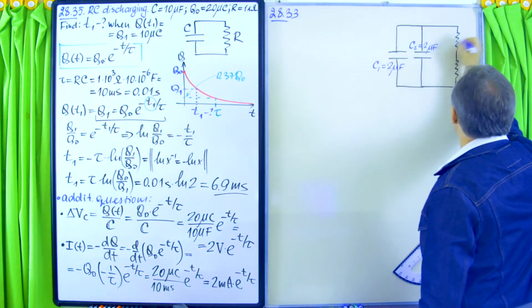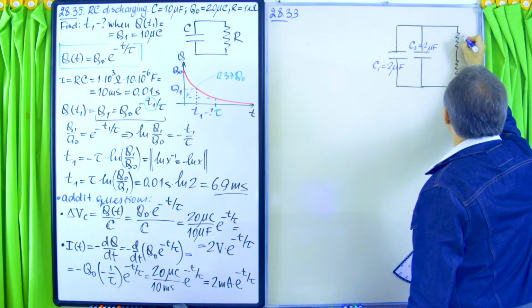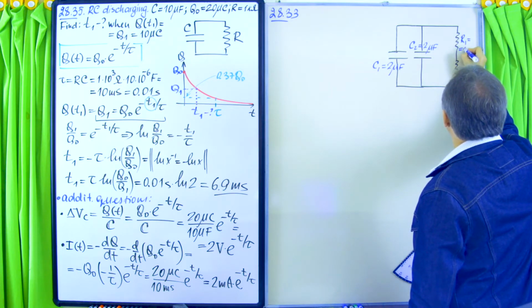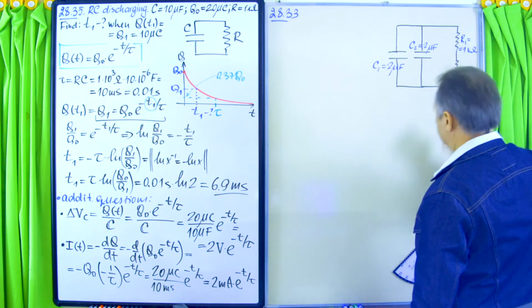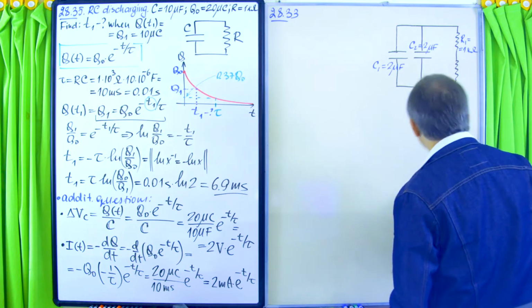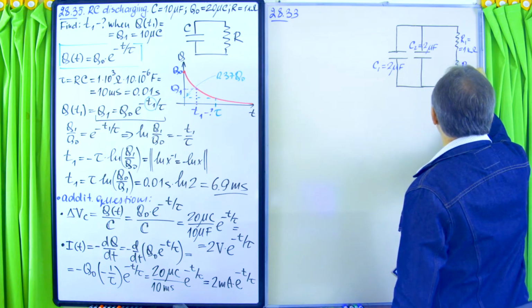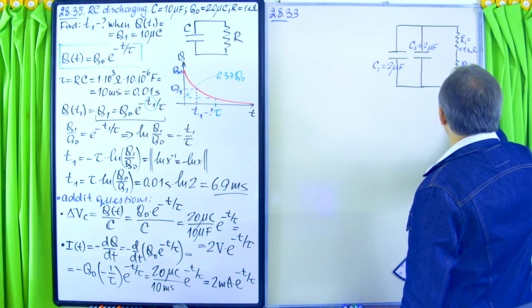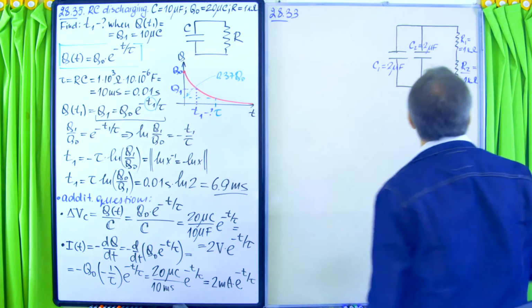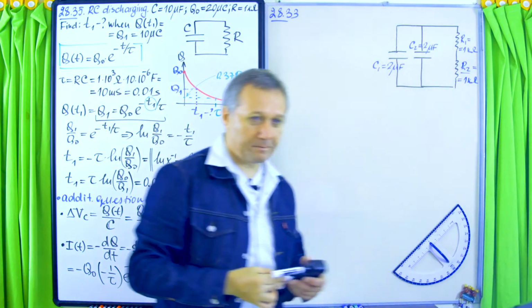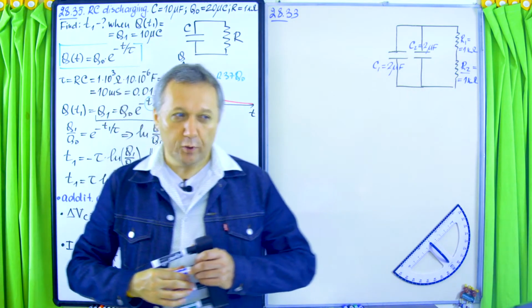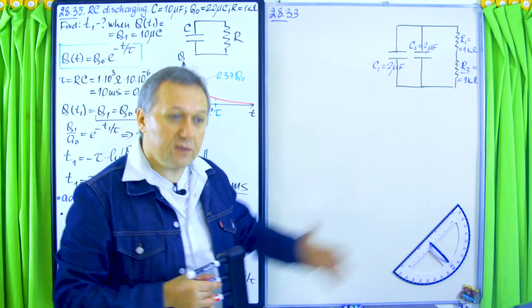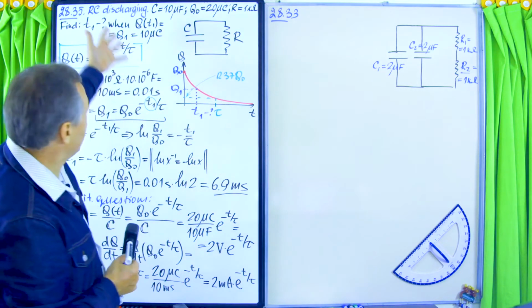So R1 equals 1 kilo ohm, and R2 also equals 1 kilo ohm. Right. So effectively, what do we have here? What kind of circuit? It's a discharging situation, the same as here.